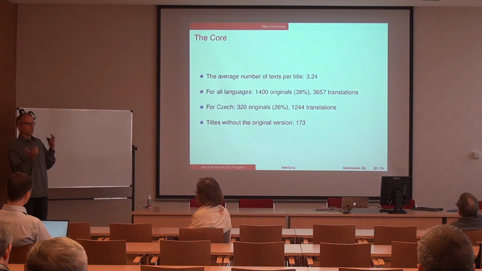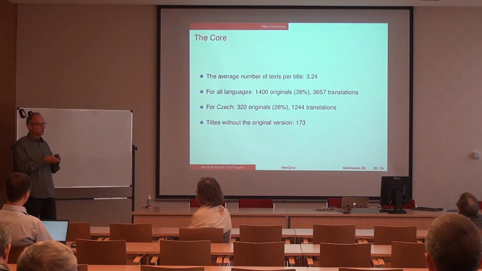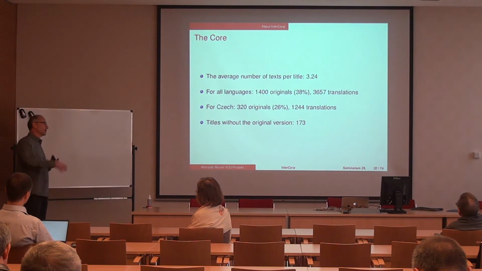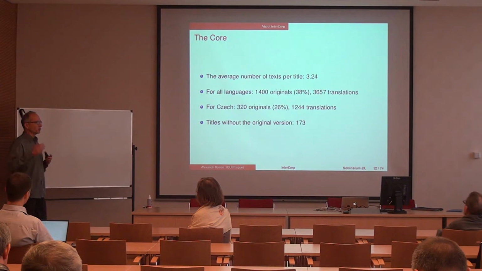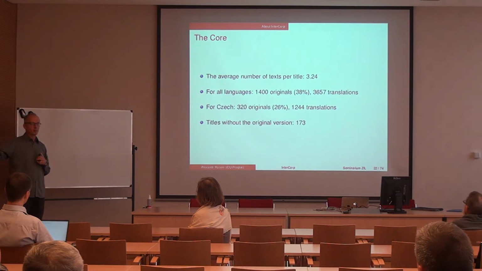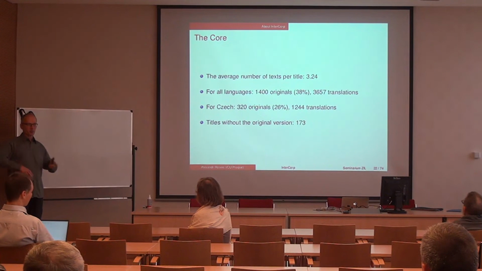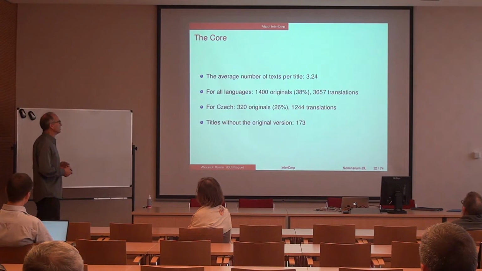It's not always like that. In some languages you have many more translations, and of course once you have translations from a third language, for example Harry Potter in English, it floods the whole corpus with translations, and so you can't really keep that balance.